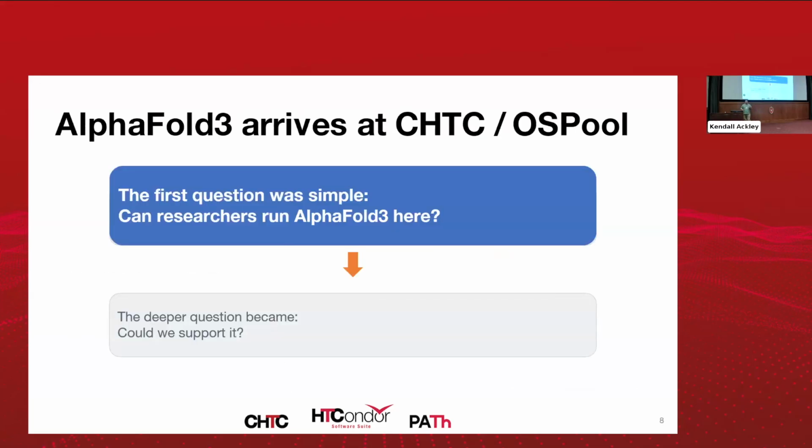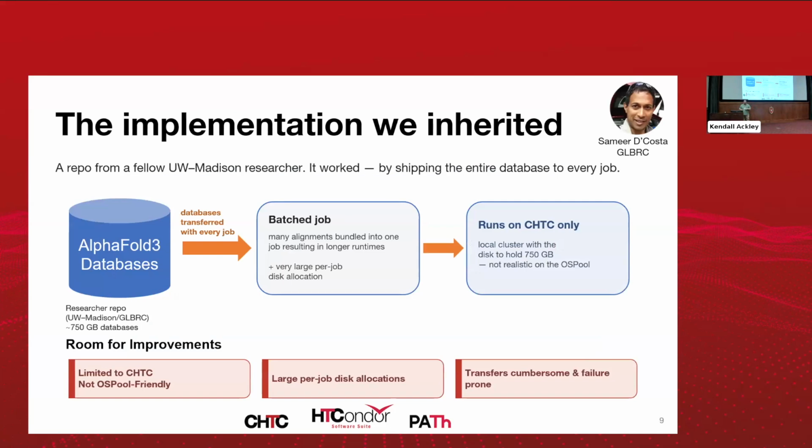Now, a couple years back, AlphaFold started to come into the fold with CHTC here at UW. We had a researcher, Samir, who worked with the GOVRC, and he had developed a repository that allowed AlphaFold to run on CHTC infrastructure. While it worked, there were definitely some areas where we could improve.